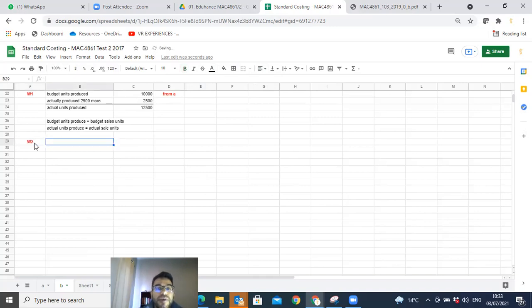So working two, we want to get the actual sales price. The standard selling price was given at 150, with a 5% increase. So what's the actual selling price?